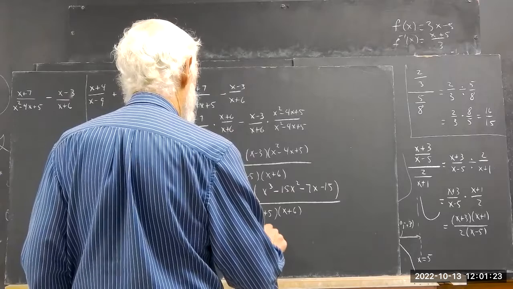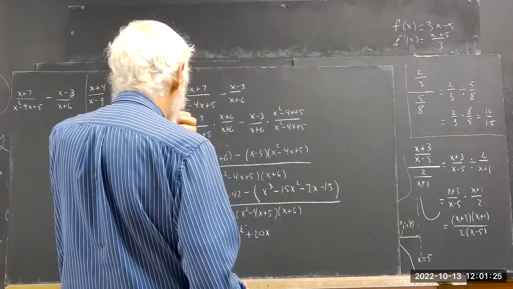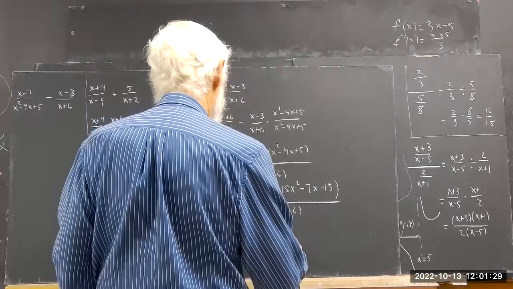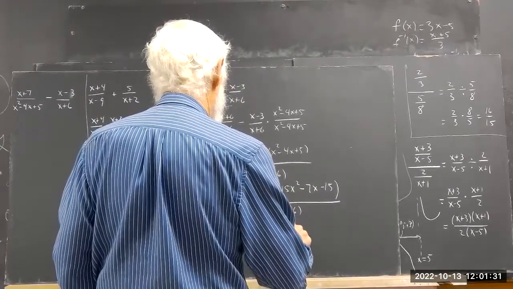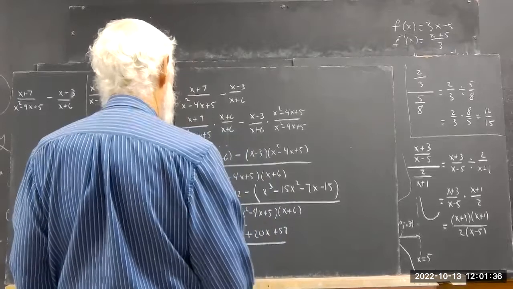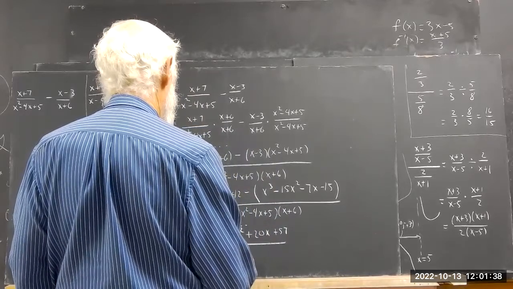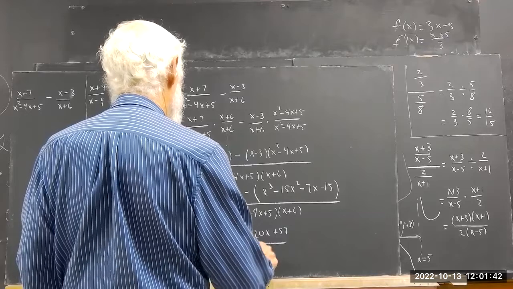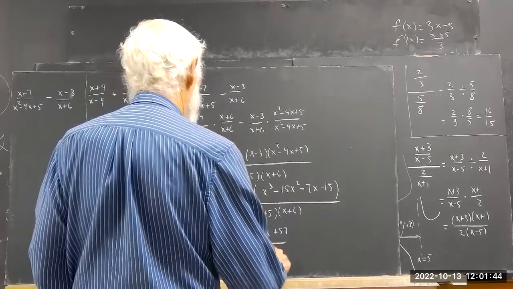That's 20x. And then 42 minus a negative 15 is plus 15, that's plus 57. All this is divided by this.